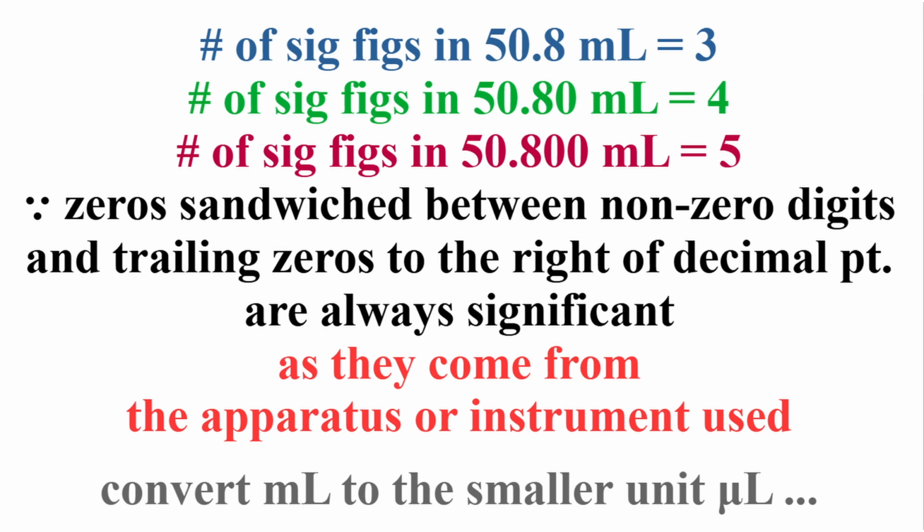Let us say we convert the unit of milliliter in each to the same smaller metric unit, microliter. Again, let us follow the factor label method of unit conversion.